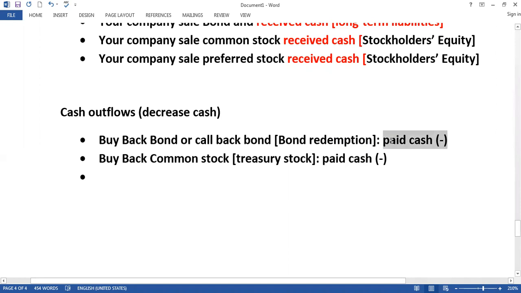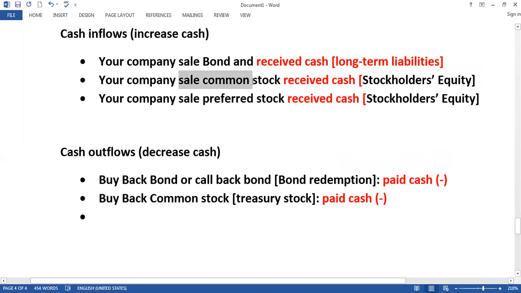So this is the thing: our cash decreases. We have another example of decreasing cash. If you sell common stock, you will receive cash. If you sell preferred stock, you will receive cash.